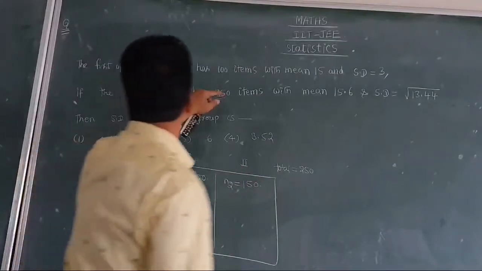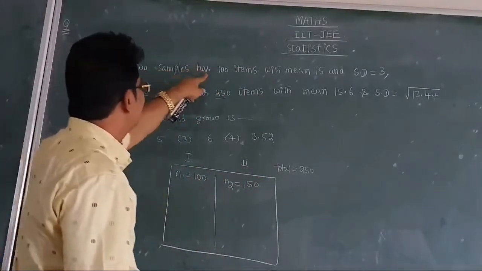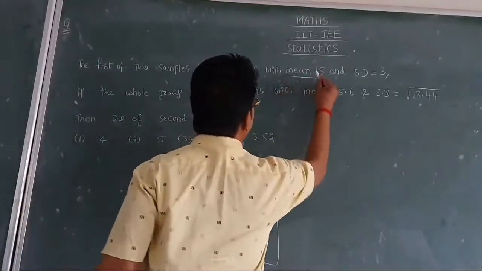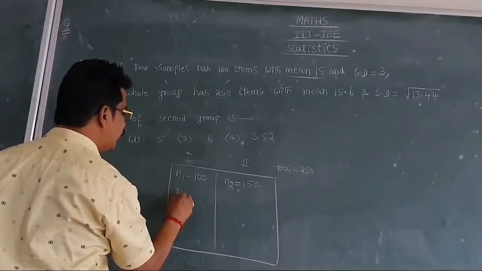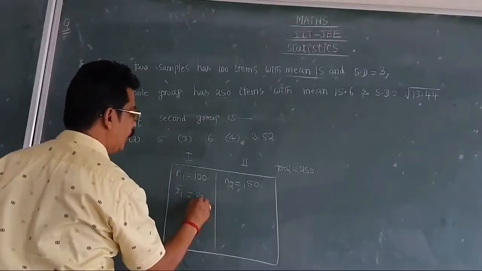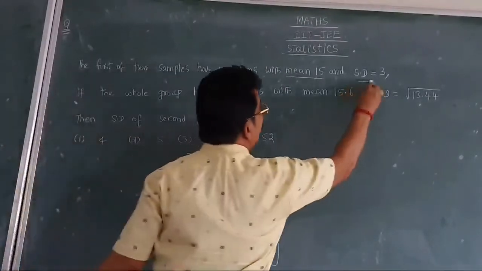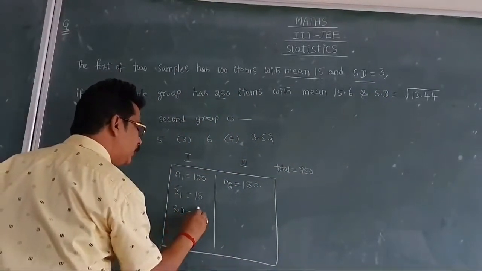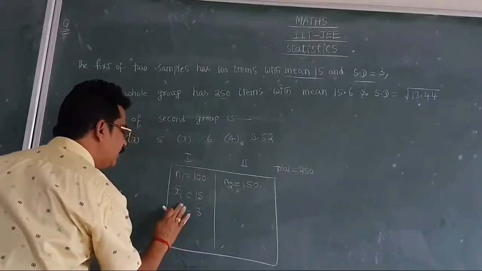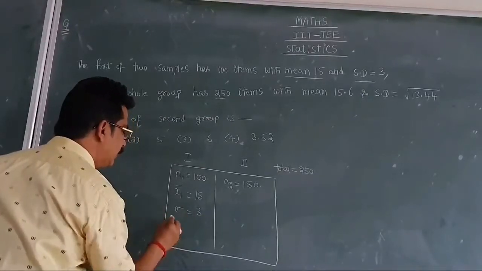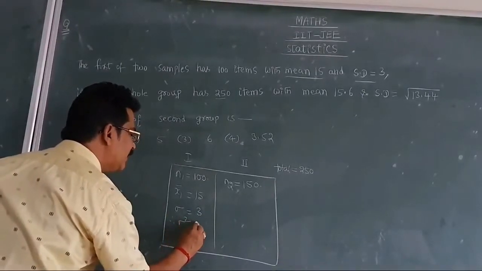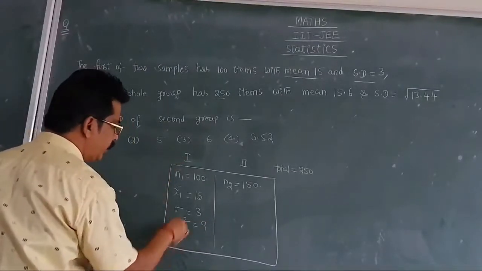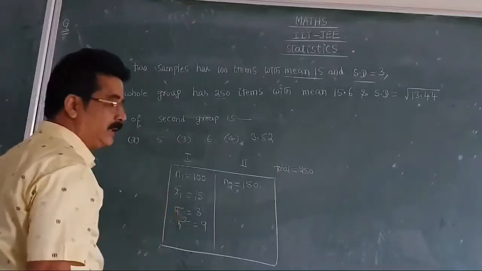The first sample has mean 15, means x1 bar equals 15, and SD equals 3. SD means sigma, therefore variance sigma square equals 9. But it is about the first group, therefore it is better to write sigma 1 square.